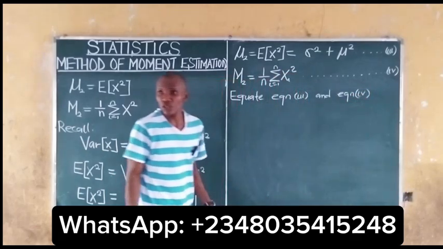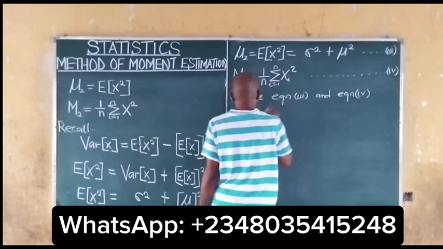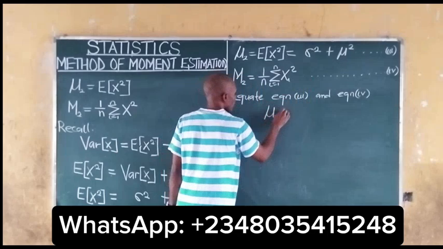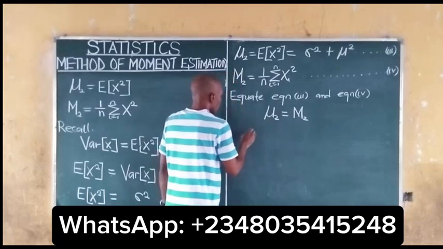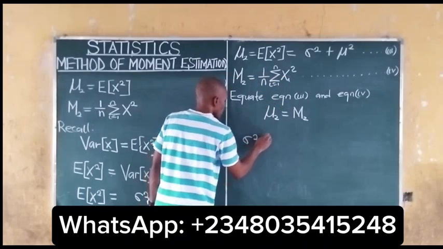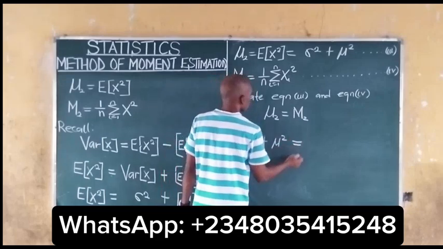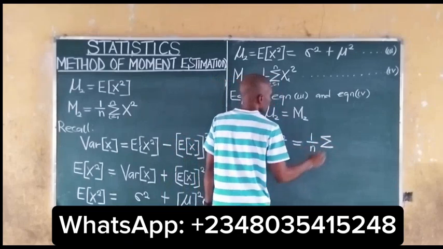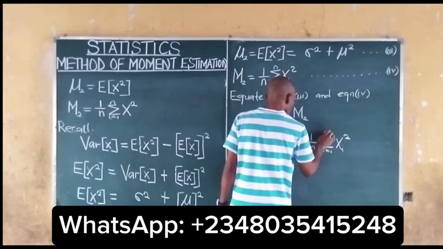That means we are equating this to this, which is our second moment. That means our population moment, sigma squared plus mu squared, is equal to 1 all over n summation of xi squared, as i running from 1 to n.